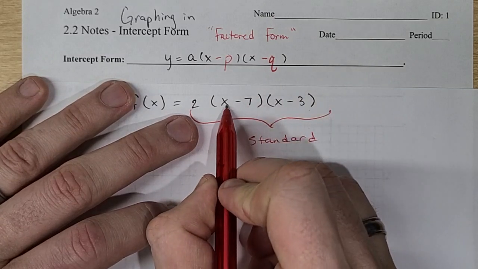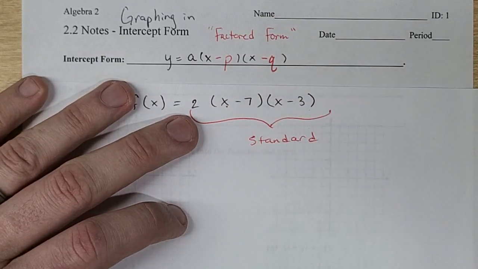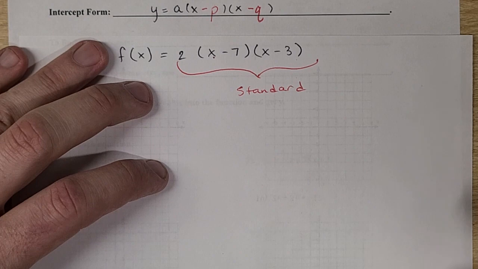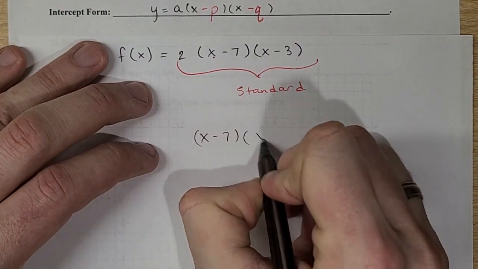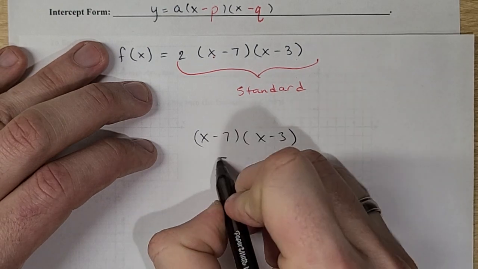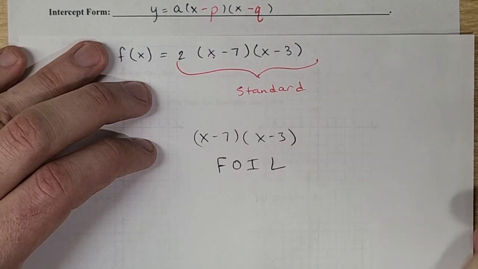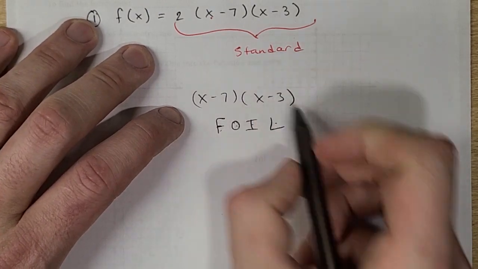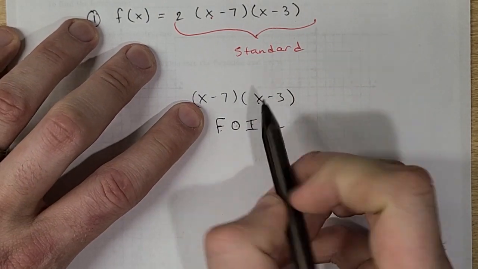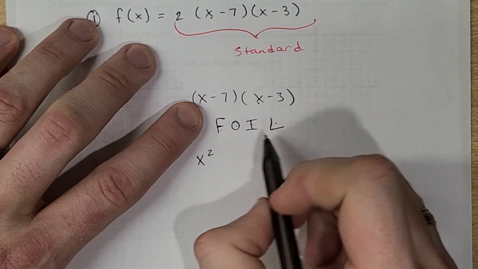Assuming that you remember how to take x minus 7 and x minus 3 and multiply them together. If you don't, x minus 7 times x minus 3. If you don't remember how to FOIL, that's okay. I just wanted to show you. First, outside, inside, last is how I would multiply these two things together. So first, x times x is x squared.